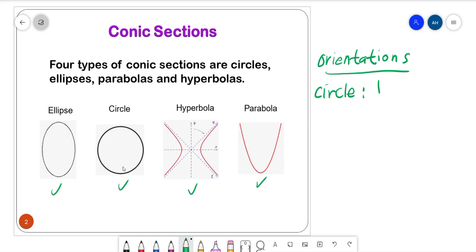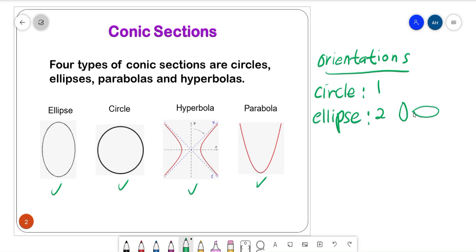Now for an ellipse, that is this shape here, we can have an ellipse of this orientation, which we call vertical, and also we can have a horizontal ellipse, something like this. Therefore, an ellipse has two orientations. One is vertical and the other one is horizontal.